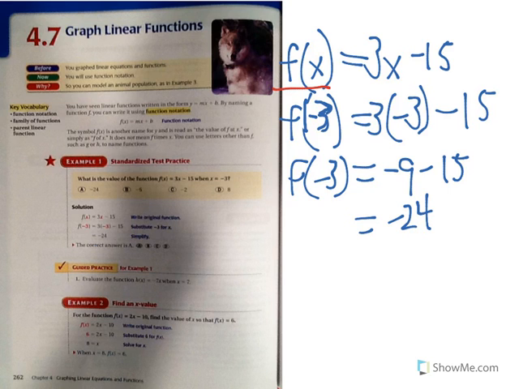So we substitute in negative 3, so it's negative 3 times 3, which is negative 9. Negative 9 minus 15 gives us negative 24. And that's the answer.